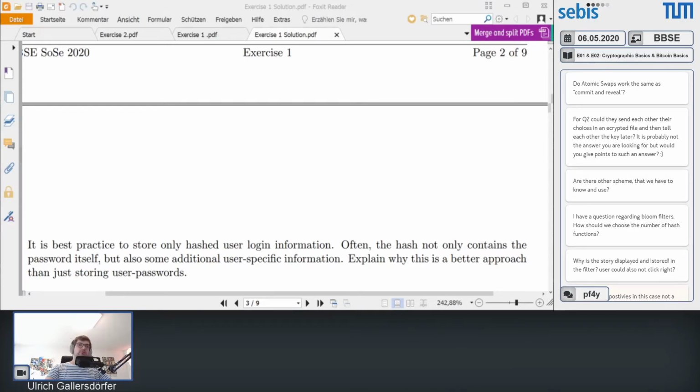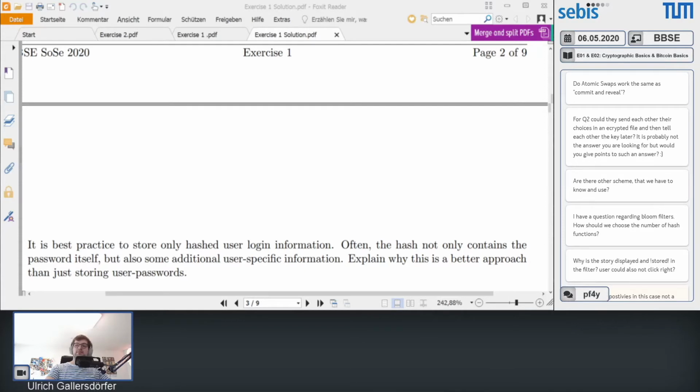For example, you have an additional column in your database, and this column contains a random string, which is concatenated with the password, then hashed and checked, so that it's very hard to revert the password from the hash. That's a very good approach, and it's better than just hashing the passwords on their own.